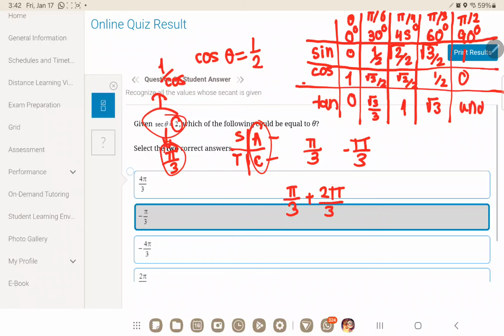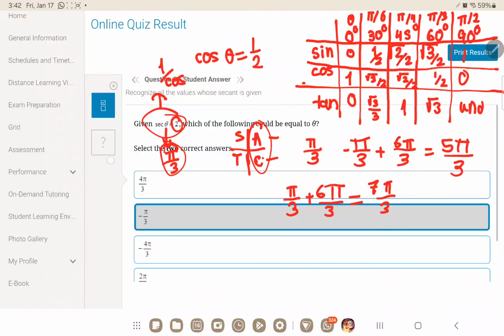It's 6 over 3 pi. So when you add them, you're gonna get 7 pi over 3, right? And if you try it, 7 pi over 3 is also gonna give you 2. And you also need to subtract 2 pi, which is 6 pi over 3, when you want to make the denominators the same, which would be 5 pi over 3.